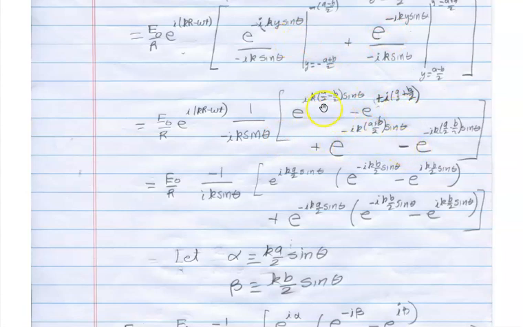From the first one, I notice I've got an ik a over 2, an ik a over 2, so I factor that out. It should be a sine theta here, ik a sine theta on that term. But I factor out that ik a sine theta. And I'm left with the b term. And that's going to be minus ik b over 2 sine theta. And from this one, again, should be a sine theta here, so make sure to put that in your notes.